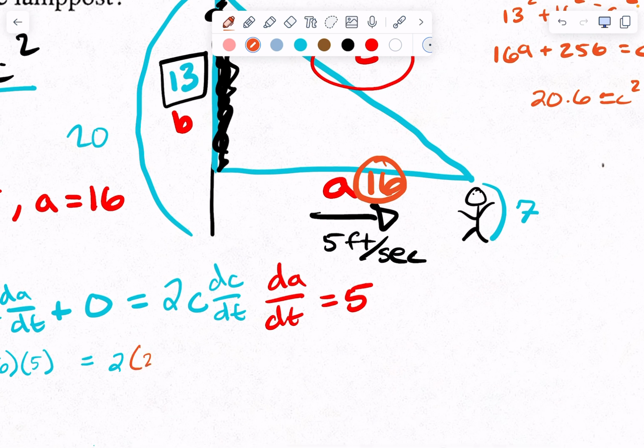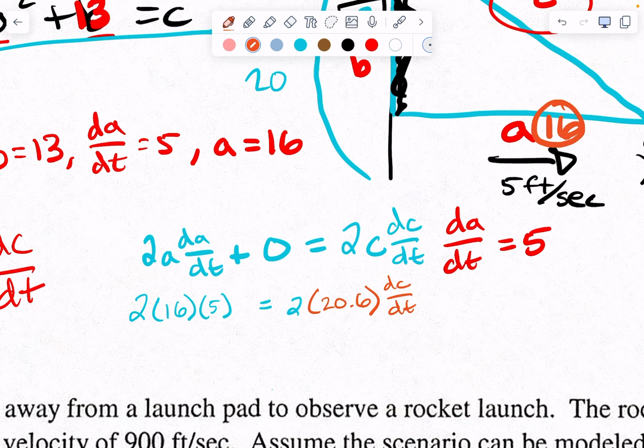Then times dC/dt. Okay, 2 times 20.6 is 41.2. 16 times 5 is 80, so 2 times that is 160 divided by 41.2 is dC/dt. 3.88.